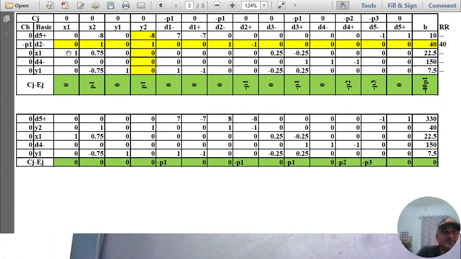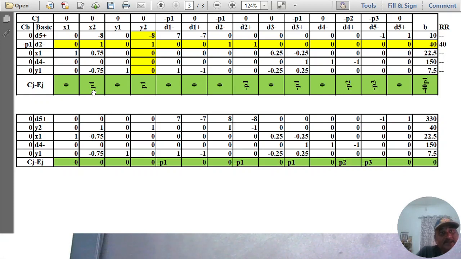All right. So with that information, we carry out all the transformation process. So d1 minus is replaced by d5 plus, and we are making d5 plus qualify to be a basic variable. So all the transformation will go on, and once again you find Cj minus Zj. So here it is 0, here P1.